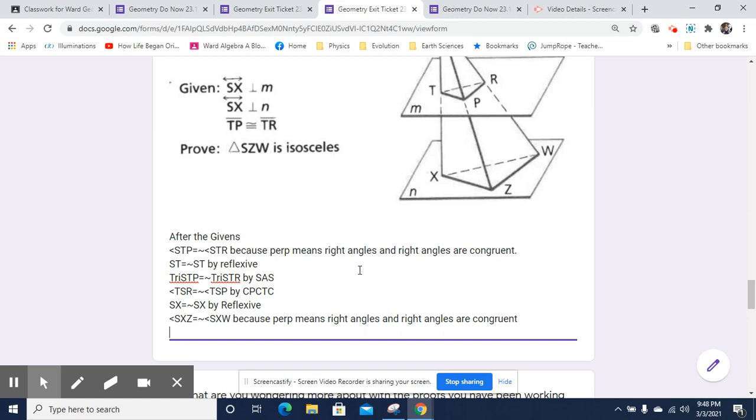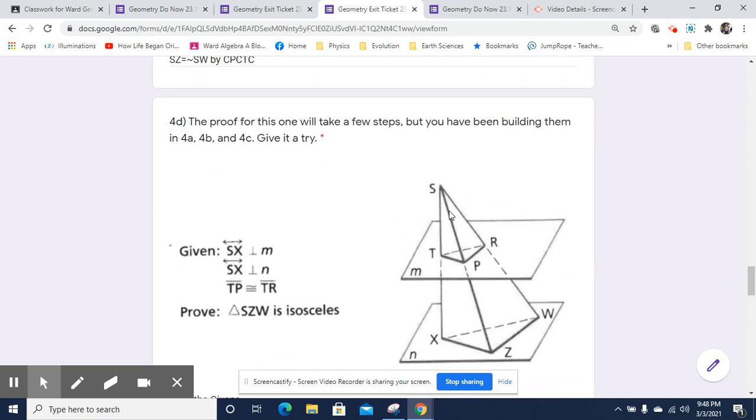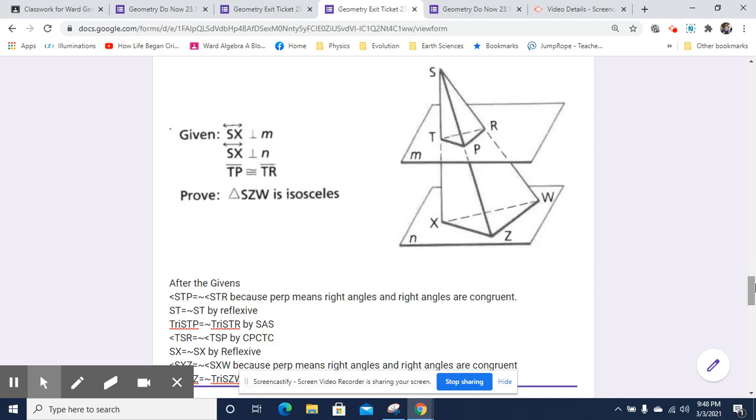Okay, once we have that, we can say that triangle SXZ is congruent to triangle SXW by angle, side, angle, because what we now know is these top angles are congruent, this side is congruent to itself, and SXZ and SXW are congruent. So angle, side, angle gets us that.